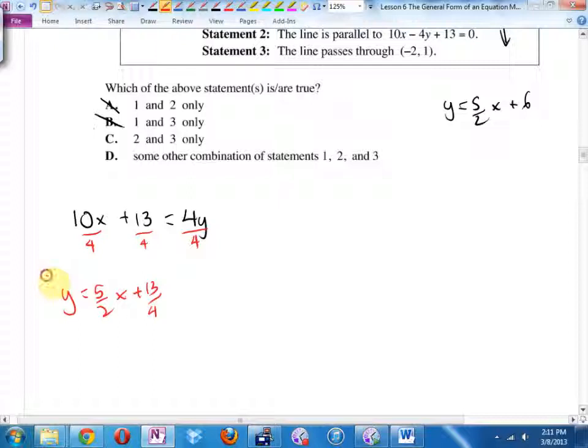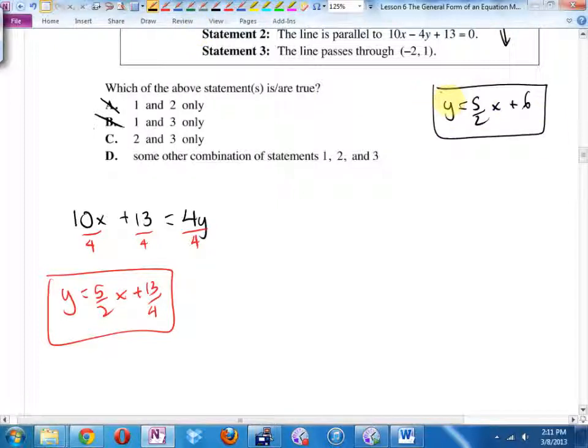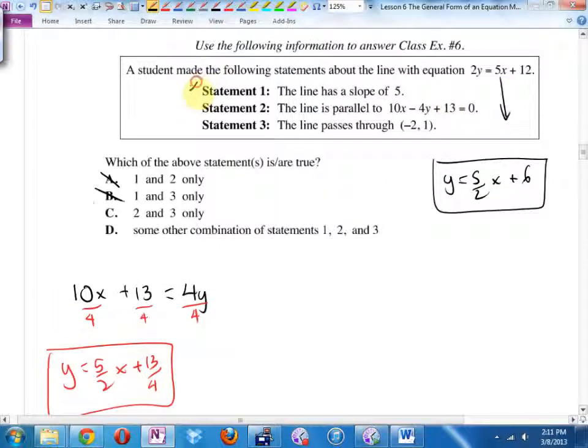What's the slope of statement 2? 5 over 2. What's the slope of the initial line? 5 over 2. Are they parallel? Yes. Right?